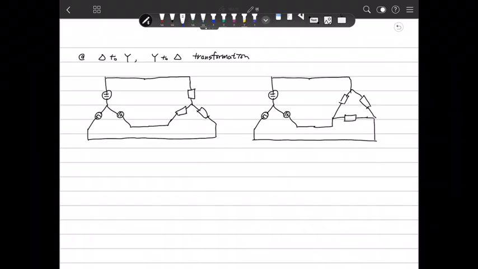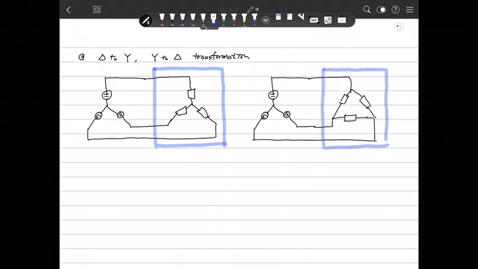So in the viewpoint of the source, this is a load here. So this is a load. So in the viewpoint of the source, this is impedance. So we don't need to know whether this is delta or Y.